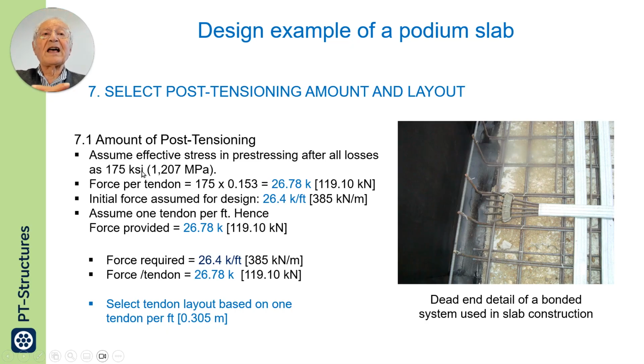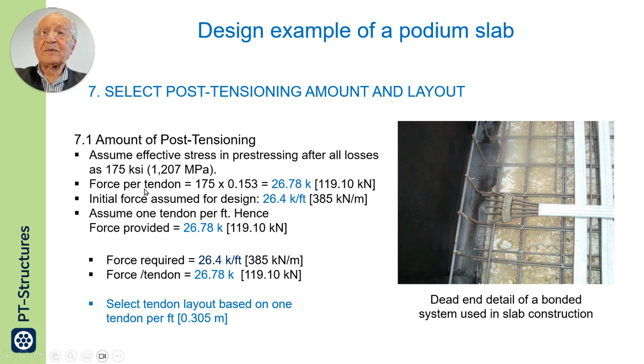What I mean is after you stress the tendon, after friction losses, after long-term losses due to creep and shrinkage, eventually one assumes that you end up with 175 ksi per square inch of strand.